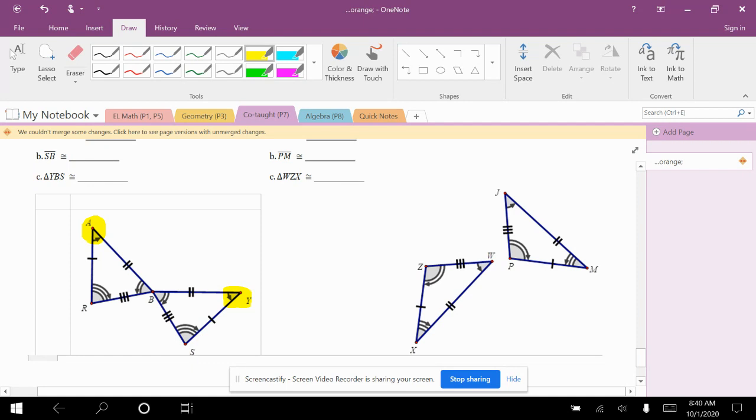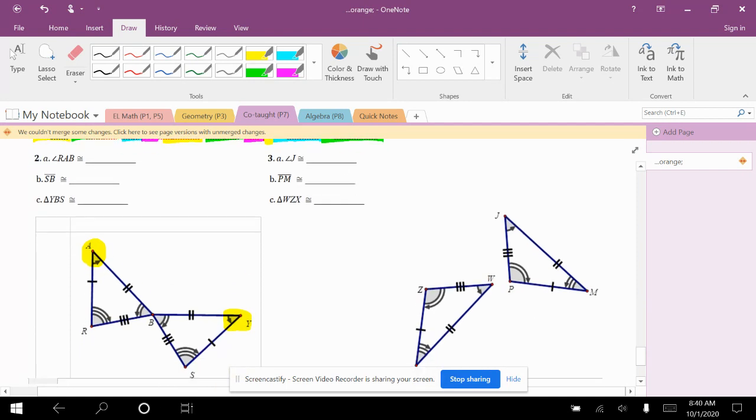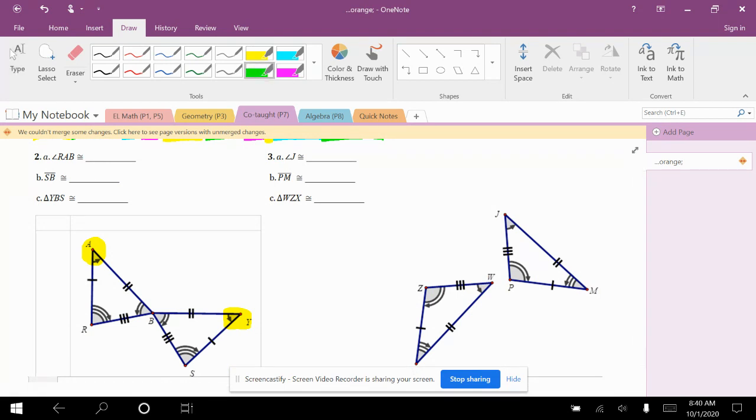These are congruent. Angle B has 2 tick marks, and angle B in the other image has 2 tick marks. Angle R has 3 tick marks, and so does angle S.